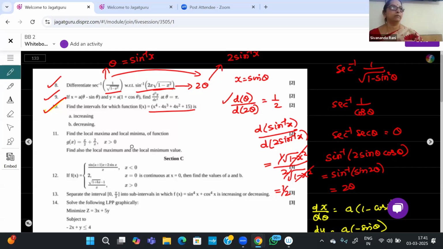Time is up. So shall we try the first one?